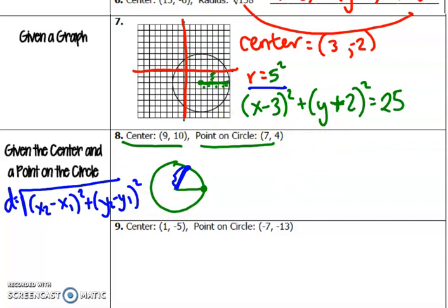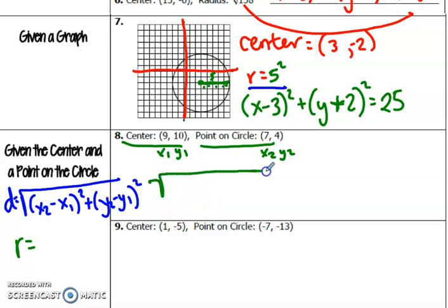Okay, so time for a lot of work. All of this is so we can find our radius, because I already know my center. I'm going to label this my x1 and my y1, and my x2 and my y2. It does not matter.